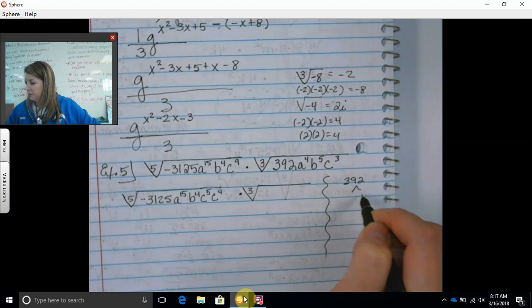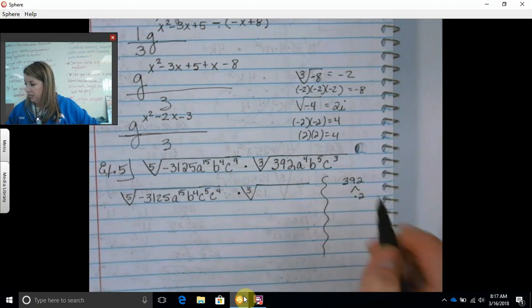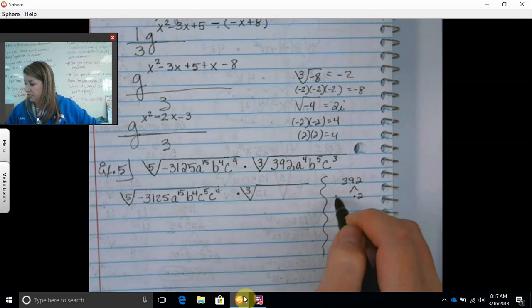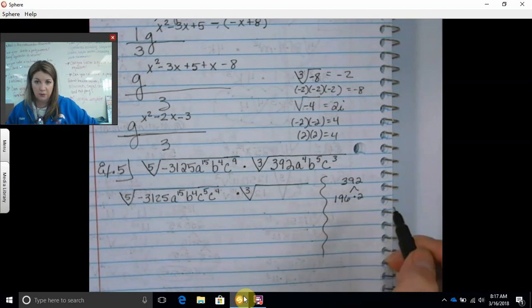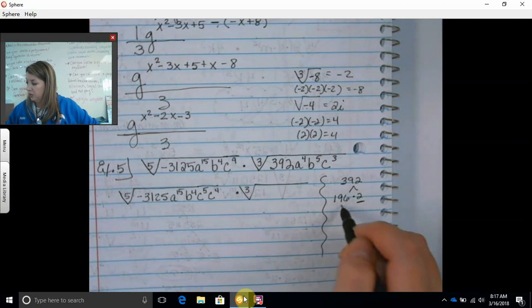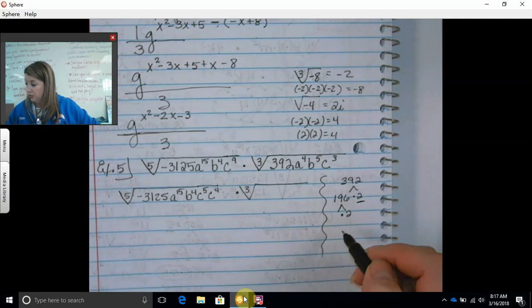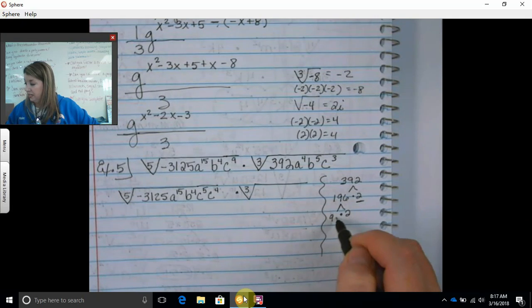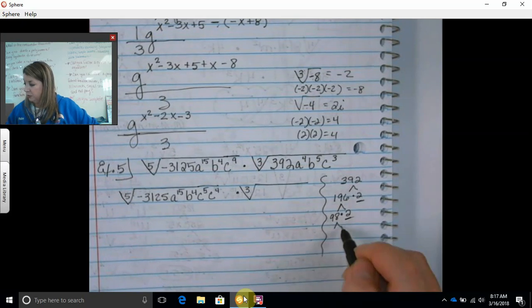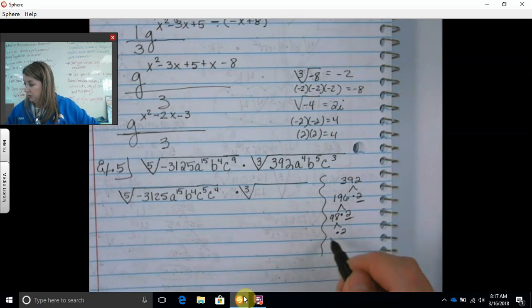I know it's divisible by 2 because it's even, and 392 divided by 2 is 196, so 196 times 2 are factors. 2 is prime. 196 is also even, so I know it's divisible by 2, and 2 times 98 would be the factors. 98 is also divisible by 2. 49 times 2 gives me 98.